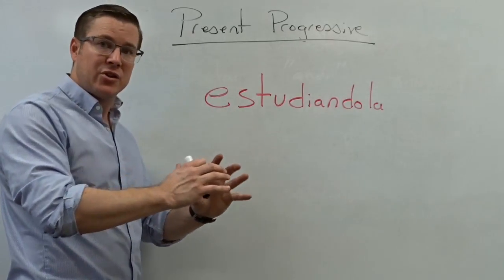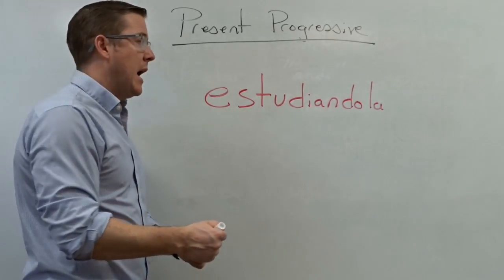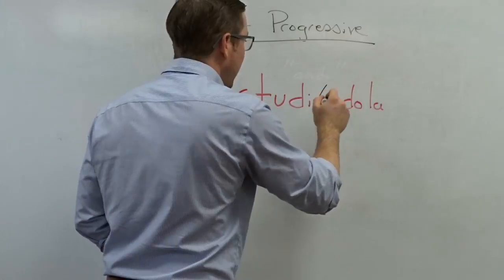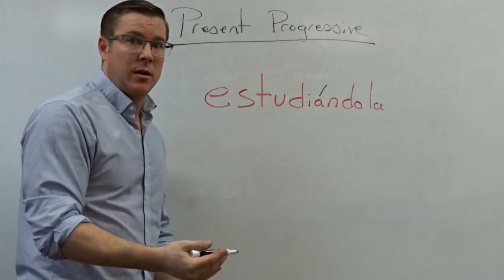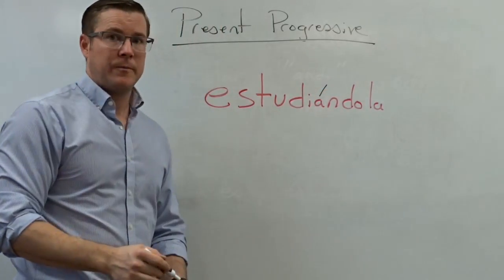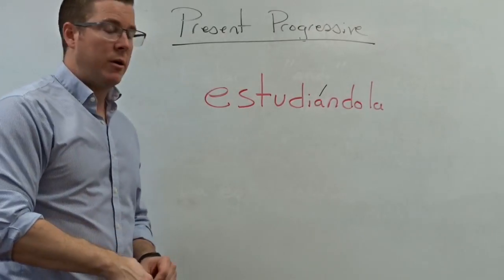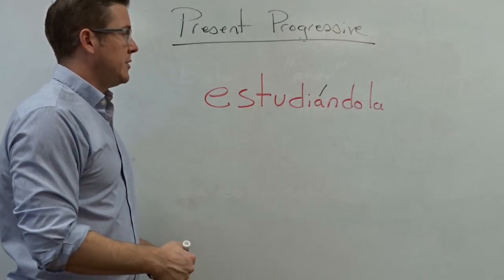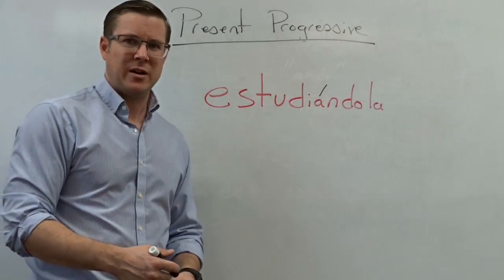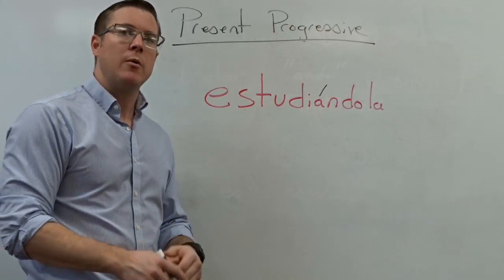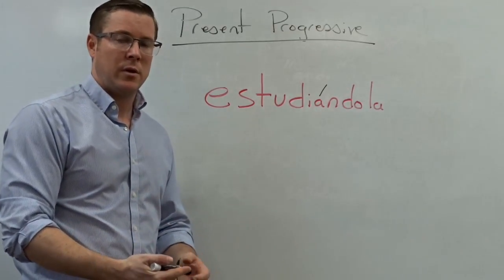Because I've added an extra syllable to the word, I need to indicate with a written accent mark that the stress is still there. Otherwise, I would get a weird pronunciation, something like that. That's not what I want. I want estudiándola.